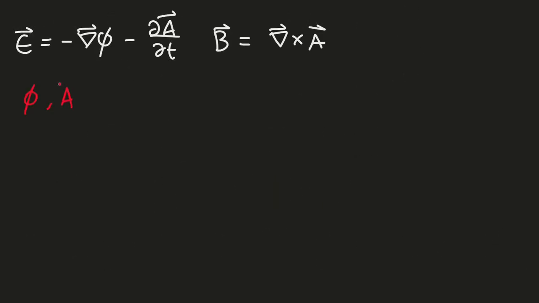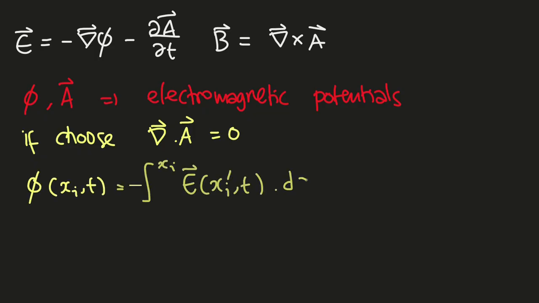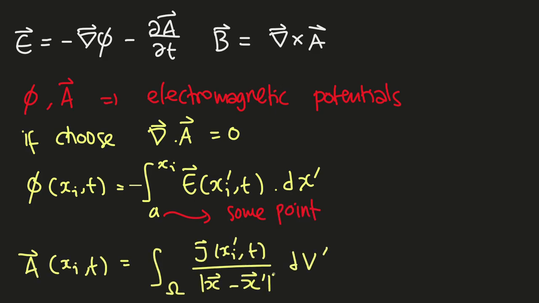In the previous video, we defined V and A as electromagnetic potentials. As before, if we choose nabla.A equals 0, then we will have V as this integral, where r is some point, and the A vector here relates to this integral, so it is consistent with our magnetic and electric field definitions.